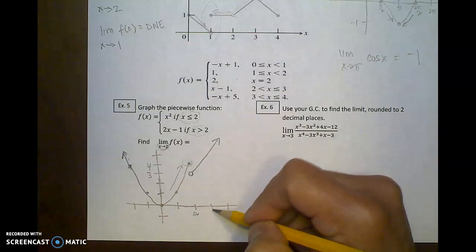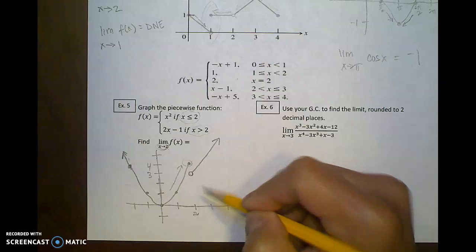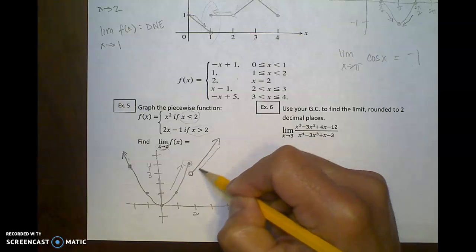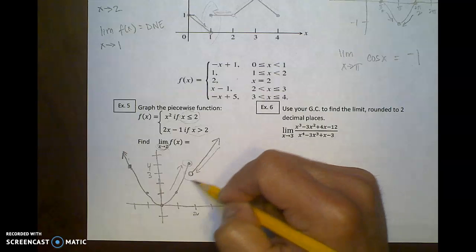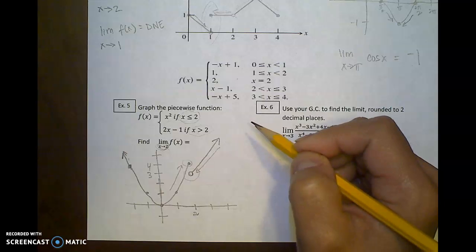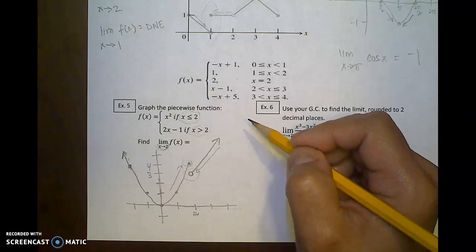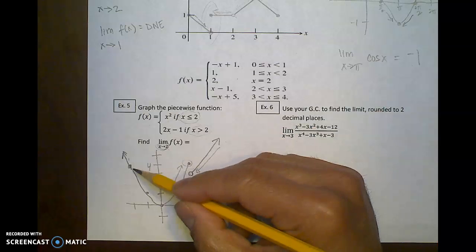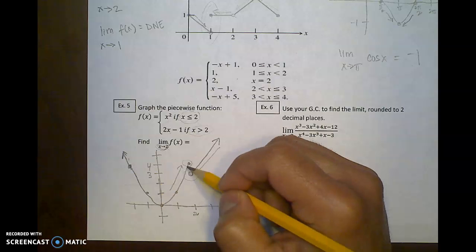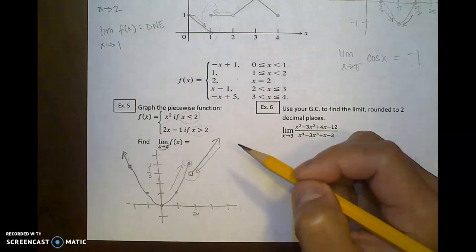Coming in from the right of 2, so we're coming from this direction, that means we're coming down over here. As we come in from the right of 2, we are approaching this output. Now, as we noted before, for the quadratic part, as we get to 2, our output is 4.